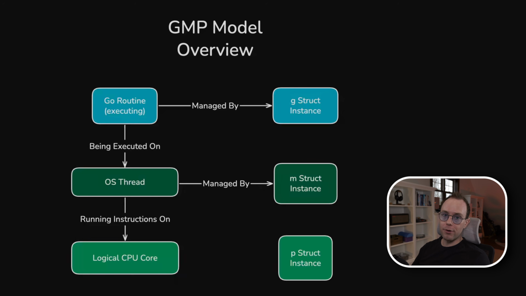So if we have 5 cores, GOMAXPROCS will default to 5, and then 5 P struct instances will be created when the runtime starts up. And again, each of those P instances acts like a key that lets you run a single Go routine on a single thread. So the true purpose of the P struct is to act like a pseudo lock that limits the number of threads that can be executing on the machine at once.